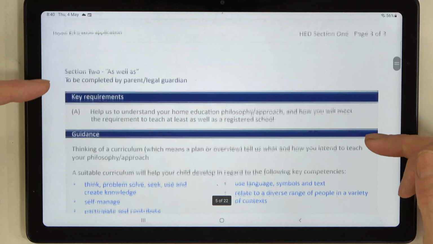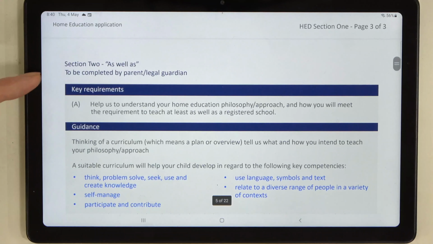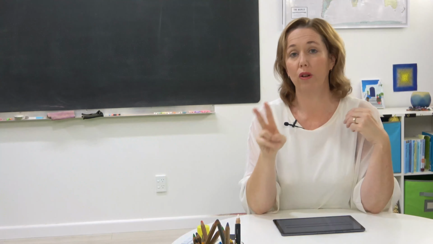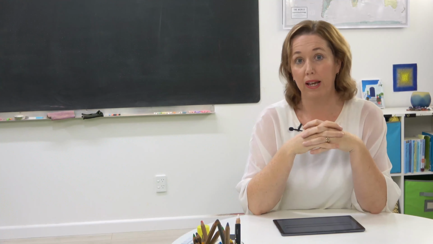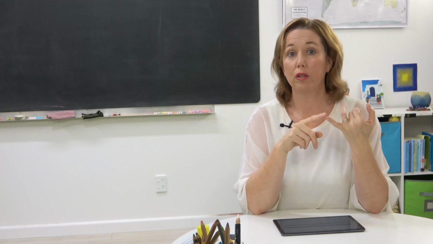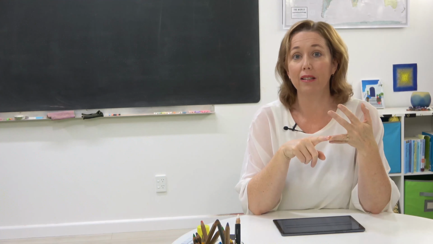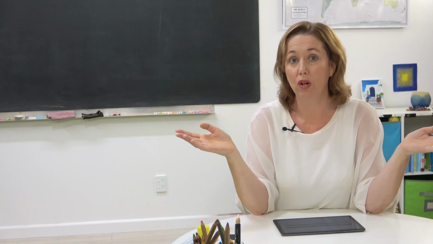It says here, section 2, as well as. There are 2 things you have to show in your application. That your child is going to be learning as well as and as regular as if they were going to a mainstream school.